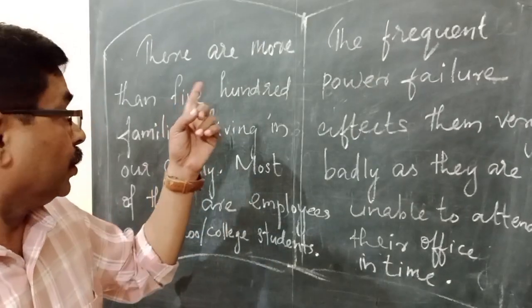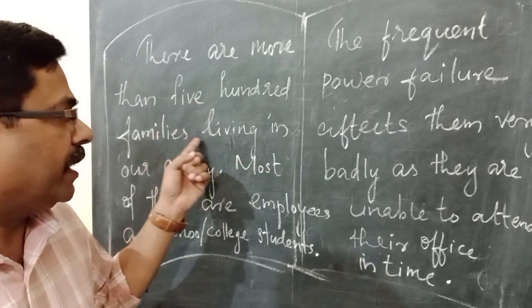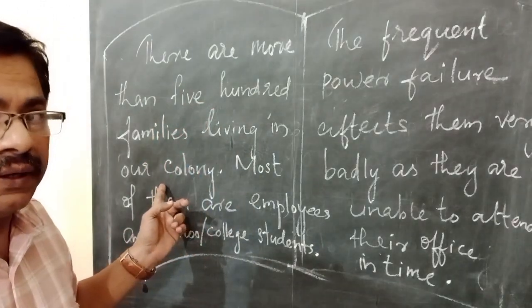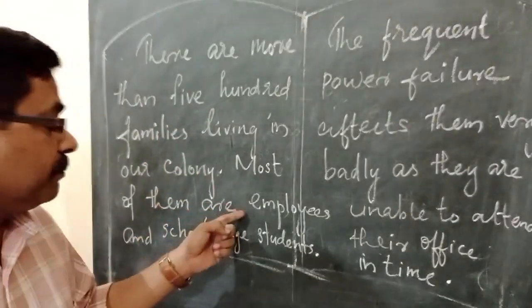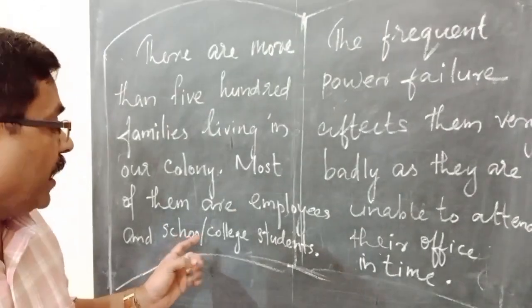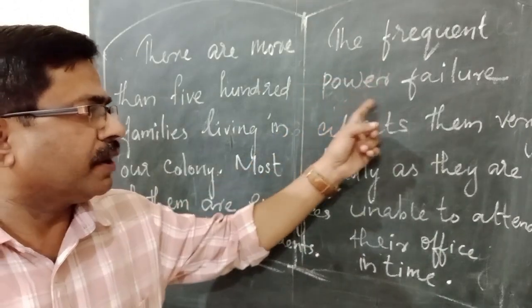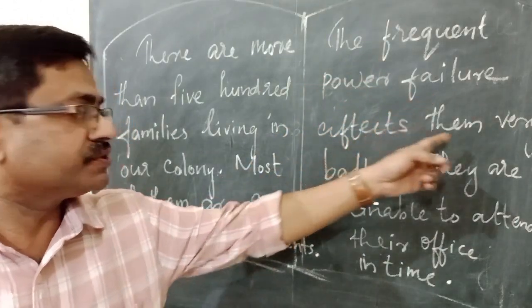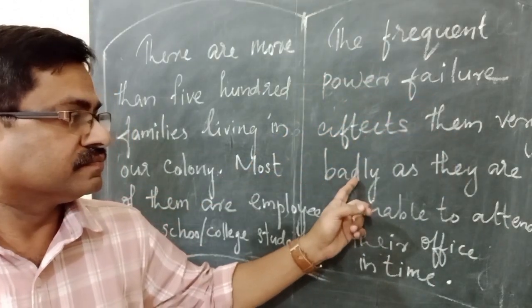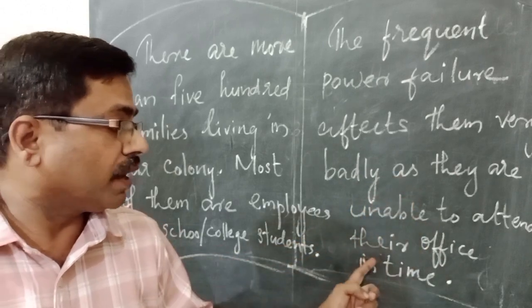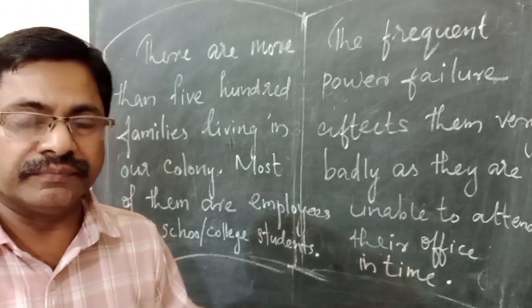There are more than 500 families living in our colony. Most of them are employees and school or college students. The frequent power failure affects them very badly as they are unable to attend their office in time.